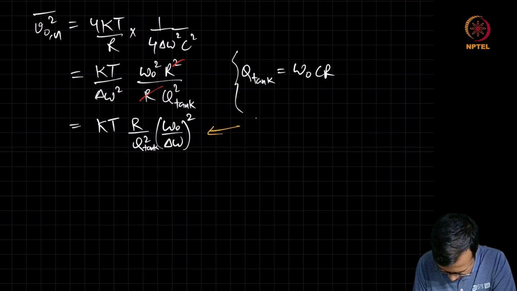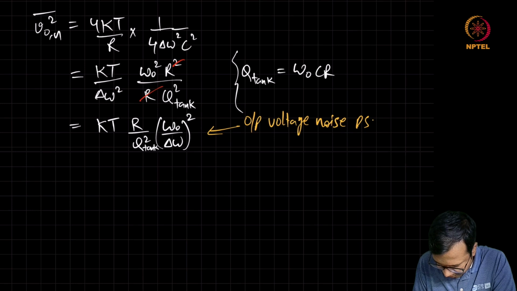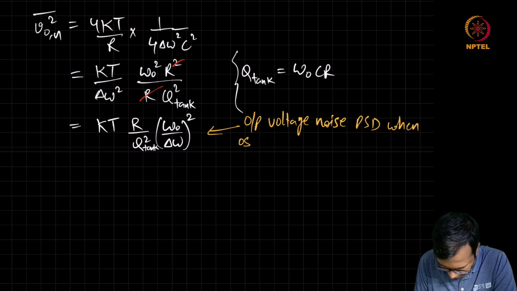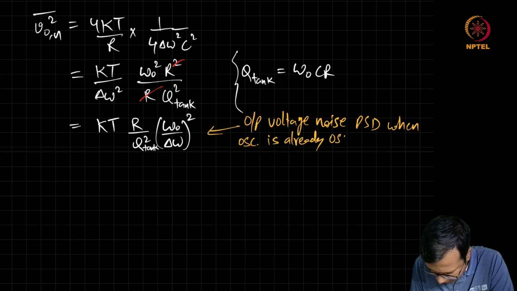This is the output voltage noise PSD when the oscillator is already oscillating at omega naught.